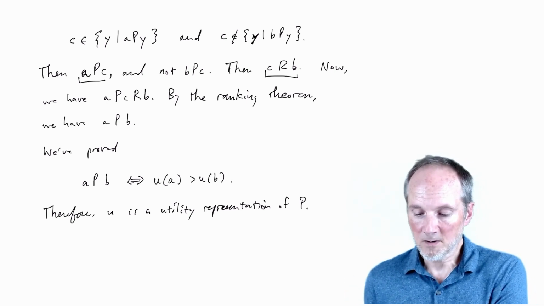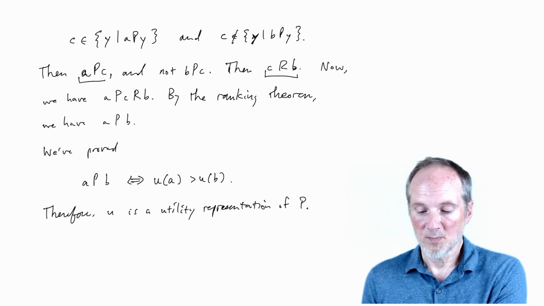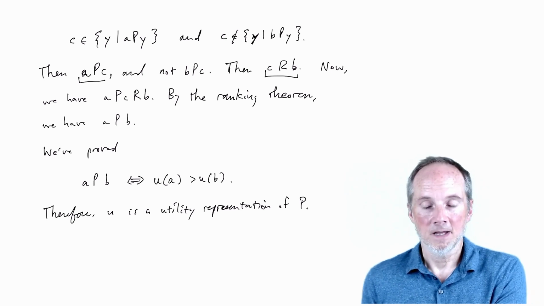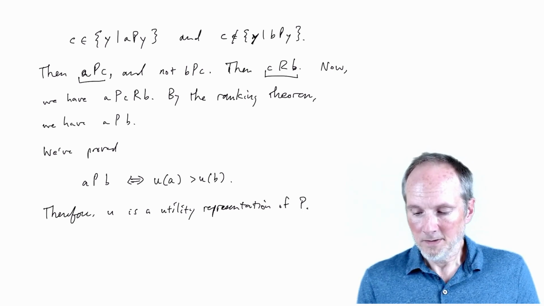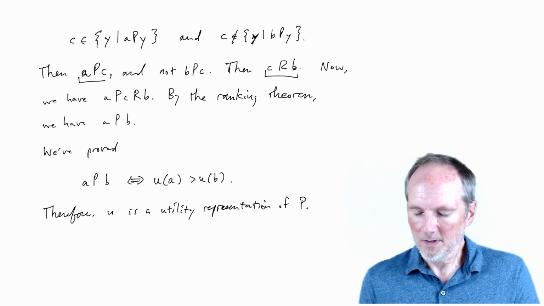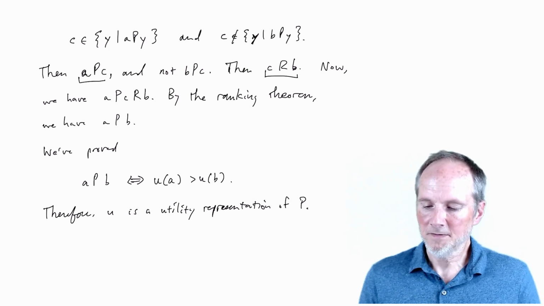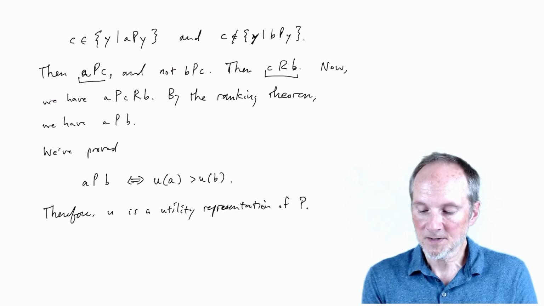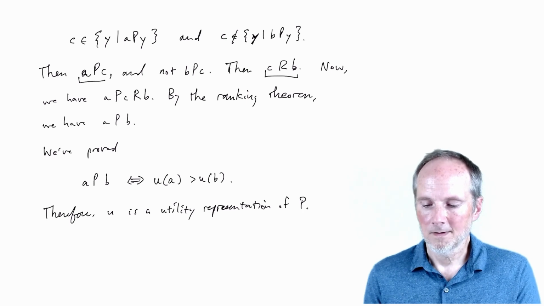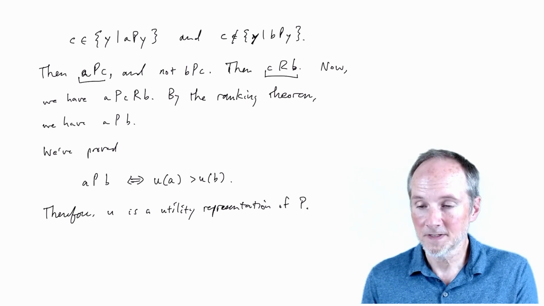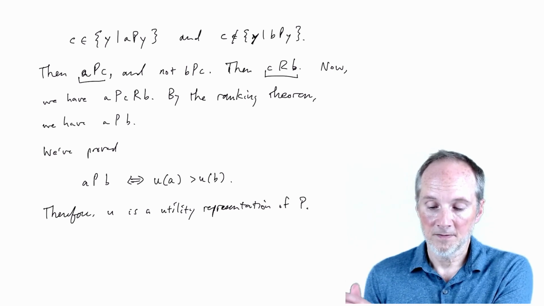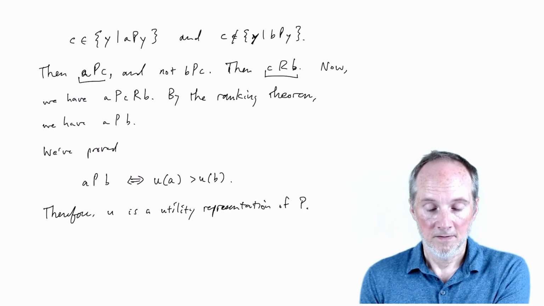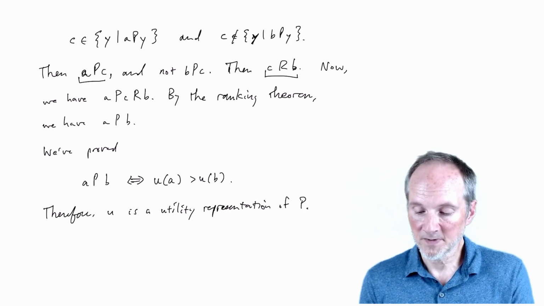We assumed that P was a weak order, and we produced or constructed a utility representation of P. So that's a fairly long proof, but it's kind of a fundamental result in rational choice modeling. Basically, it means even if the set of alternatives is infinite, we're basically good to go and assume that if a decision maker's preferences are weak order, then they have a utility representation.